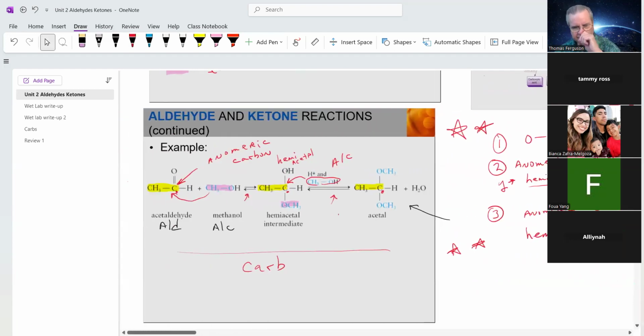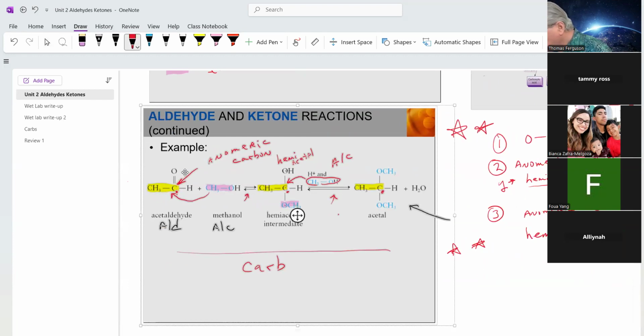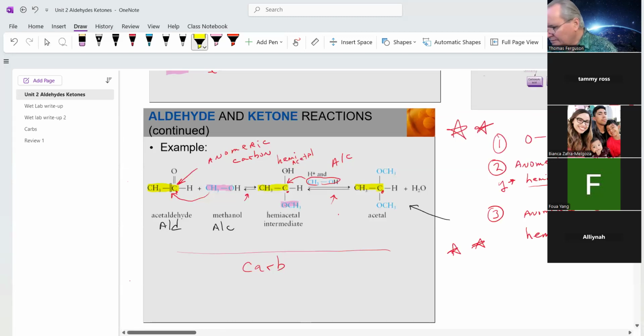Okay. So let's apply it to this guy here. We arrived at this by taking an aldehyde, in this case acetaldehyde, and methanol. So it's a one carbon alcohol added to a 2-carbon aldehyde. So you have to establish the first backbone, and then you establish the secondary backbone, which is going to be the alcohols.